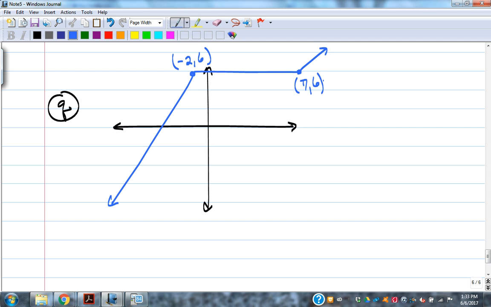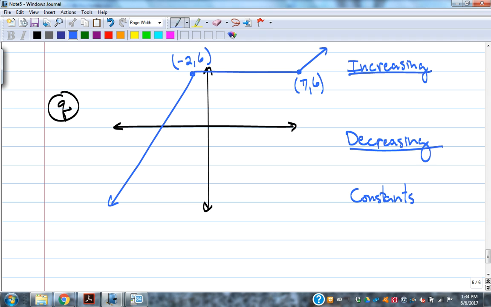All right. So here we have a graph that would technically be a function, but we're not as concerned about that. What we're looking at here on this graph is increasing, decreasing, constant intervals.